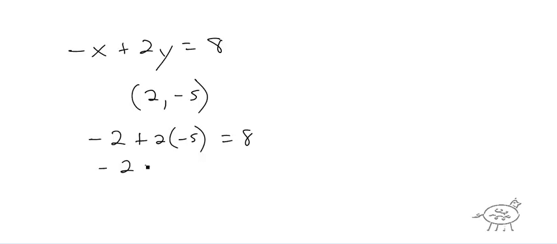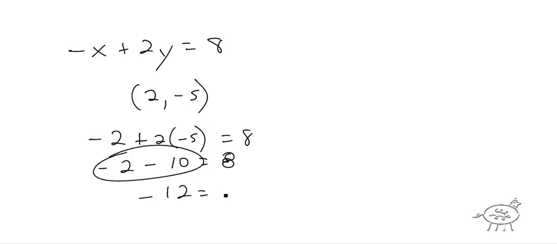Negative 2 minus 10 is negative 12. So it's not equal, the answer is no. It's not a solution. That's the first type of problem we're going to do: you just plug it in to see if the left side equals the right side.